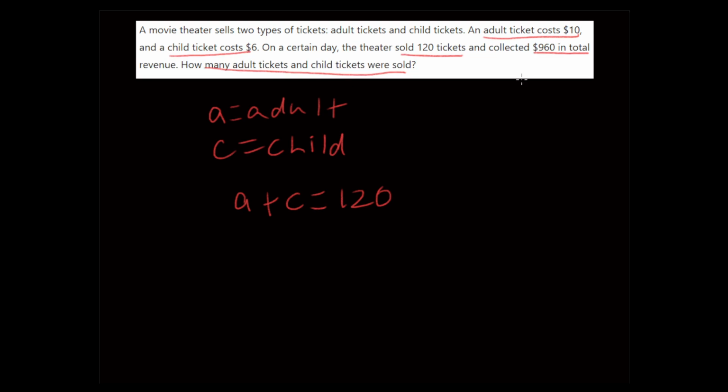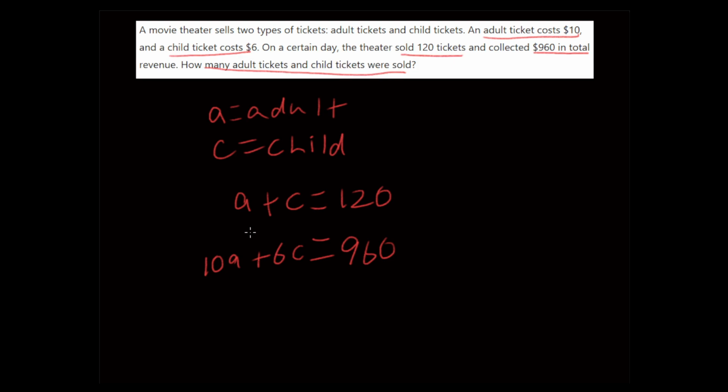Then we can also find something that's equal to 960, which is the total amount of money they collected. An adult ticket costs $10, so we multiply the amount of adult tickets by 10. Child tickets cost $6, so we multiply the amount of child tickets by 6.